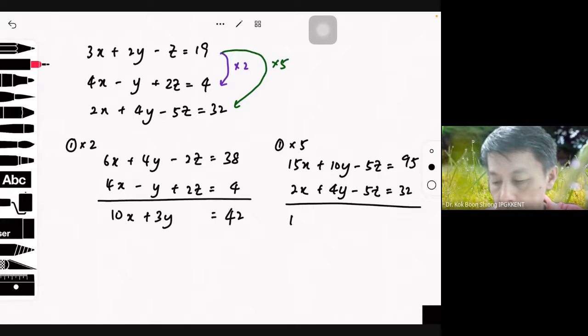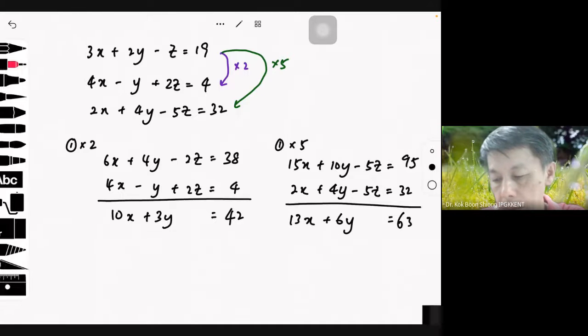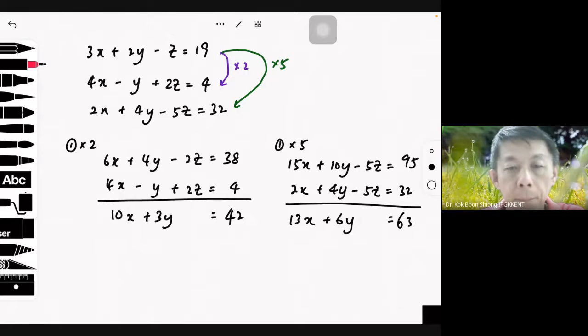So 13x plus 6y equals 63. And then we combine these new equations, 4 and 5. So this is the fourth equation, and this is the fifth equation.